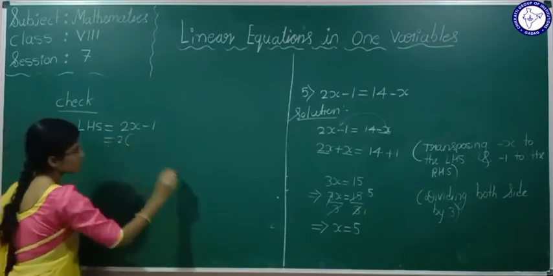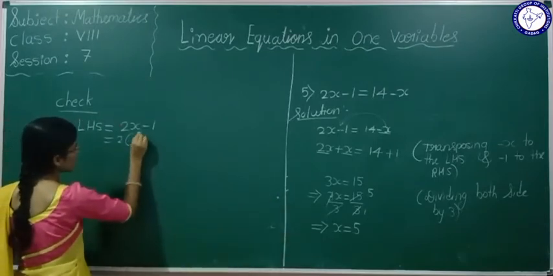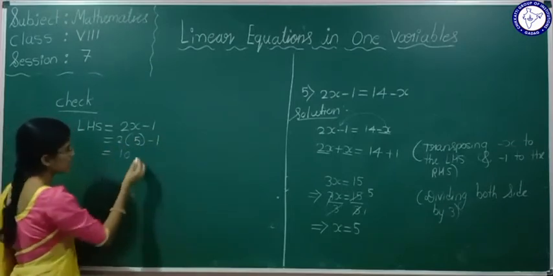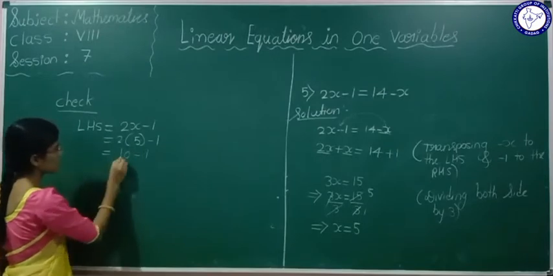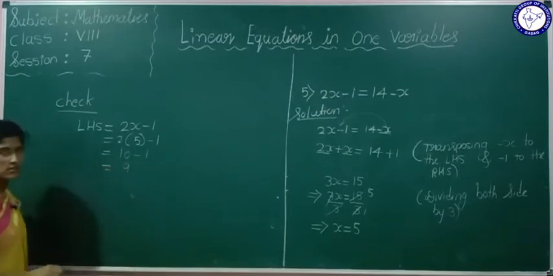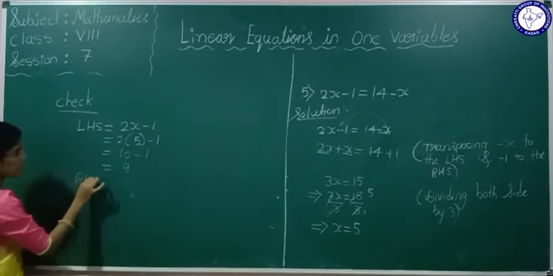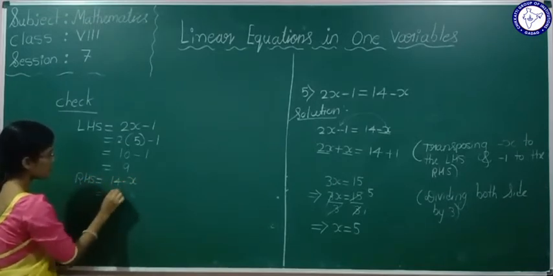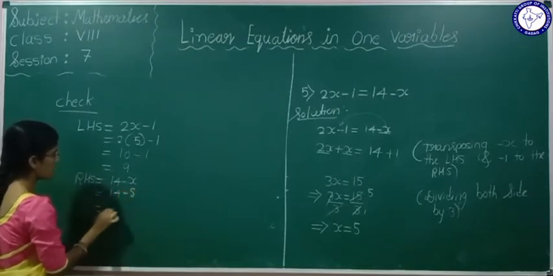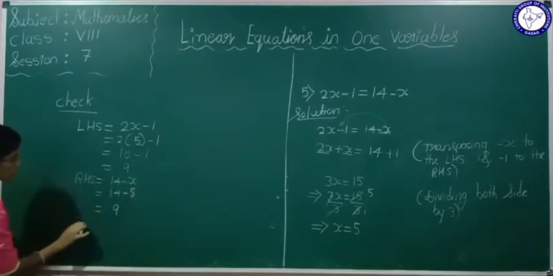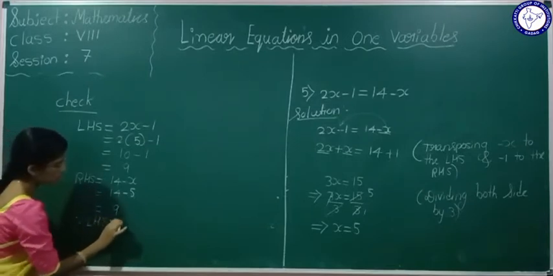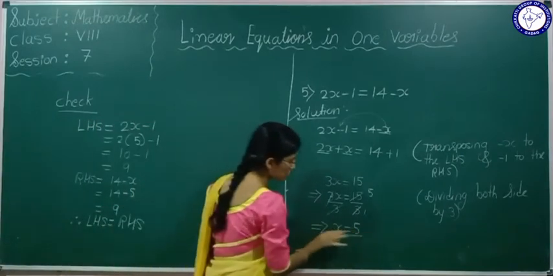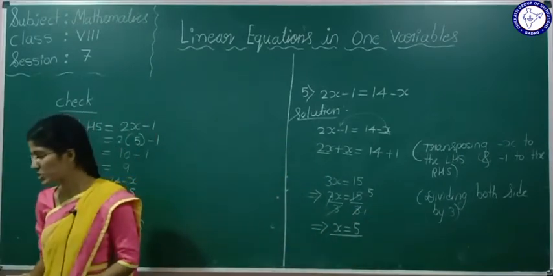What is x we got here? 5. 2 fives are 10 minus 1, is 9. Substitute the same value in RHS. What is that? 14 minus x. 14 minus 5 is what? 9. Therefore, LHS is equal to RHS, and this is nothing but the solution of the given equation.